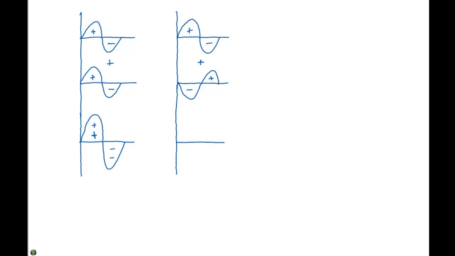So when electrons are traveling through space, behaving as these wave-like species, they could either have constructive interference or destructive interference.